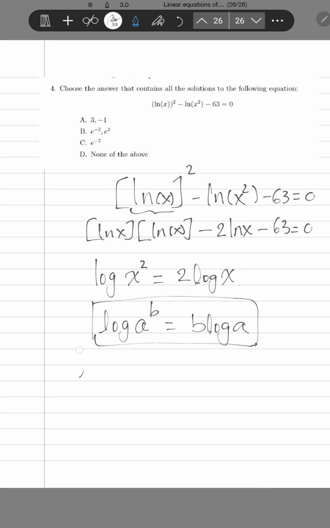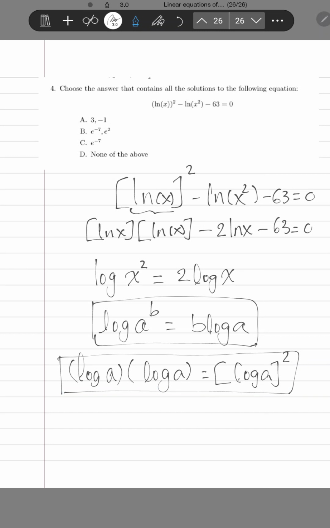But if we have log a multiplied by another log a, it means log a the whole square. It's different from log a square. These are the two facts we're applying in this equation.